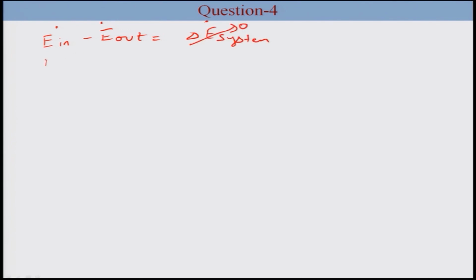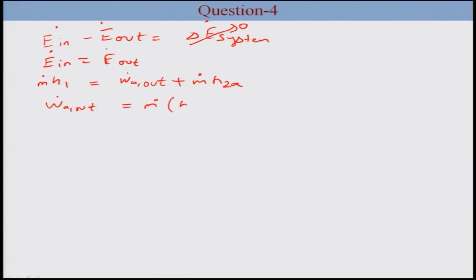So, E in dot is equal to E out dot, and E in is equal to m dot H1, which is equal to E out, which is work out plus m dot H2A. So, work output is equal to m dot times H1 minus H2A.